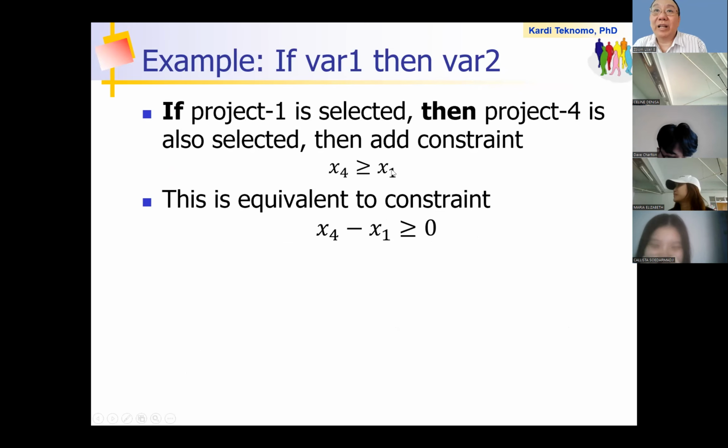So x4 larger than or equal to x1 is equivalent to x4 minus x1 larger than or equal to 0. This actually means if x1 is selected, then x4 is also selected. So there is a logic in binary that you can use in integer programming. This is something that you cannot do in other methods of linear programming.